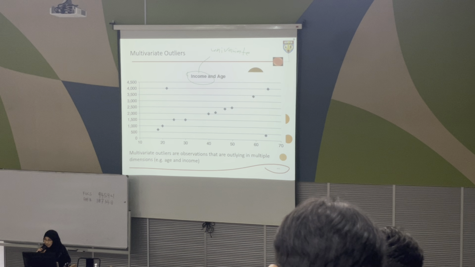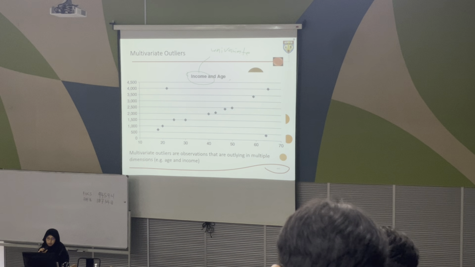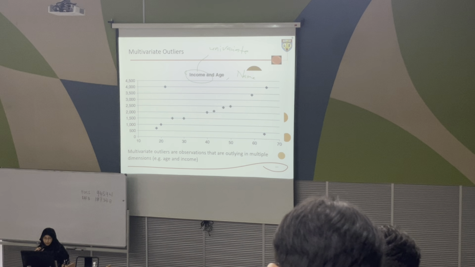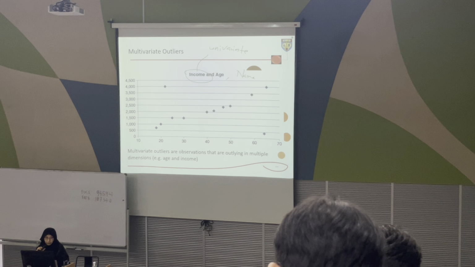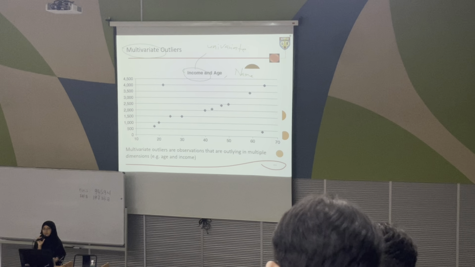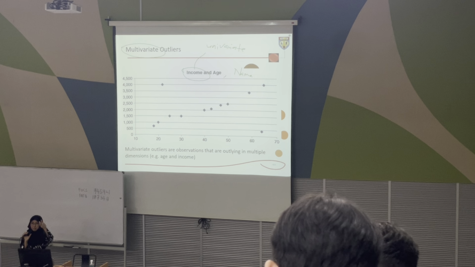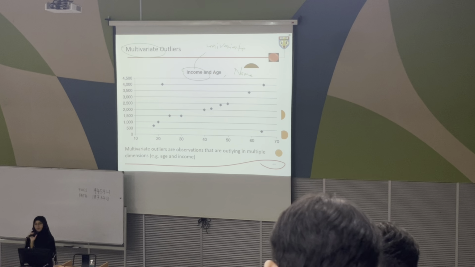If in your data set you have many other features like income, age, name and so on, multiple features, we call it multivariate. Single feature, univariate, multiple features, multivariate.